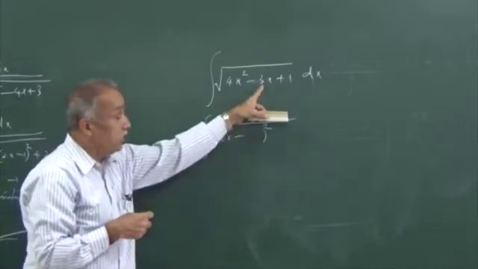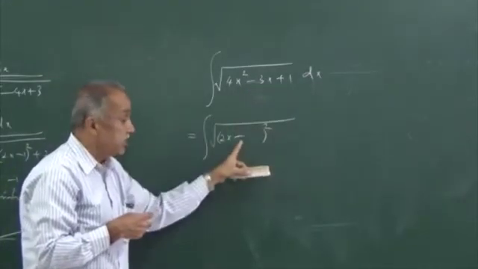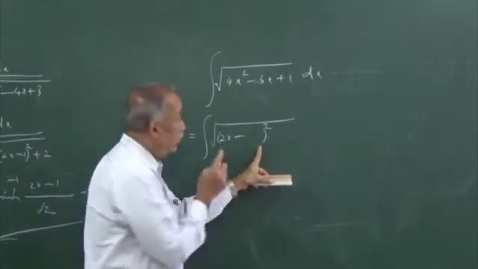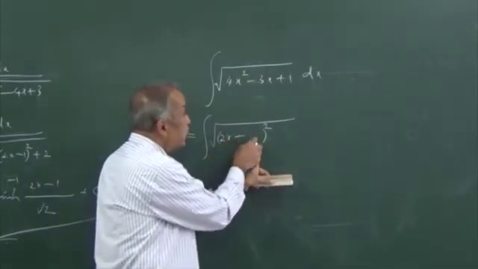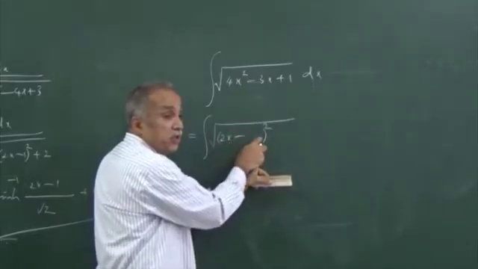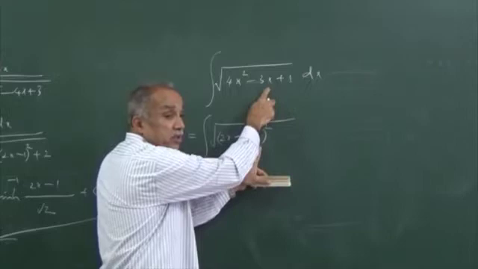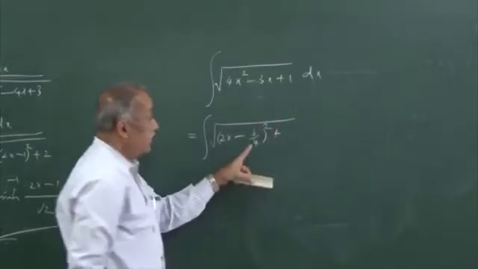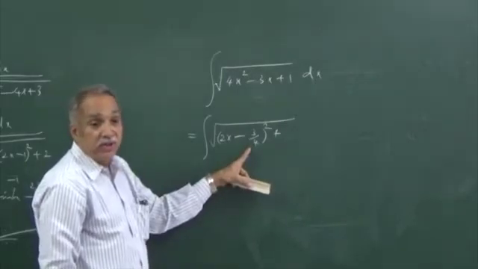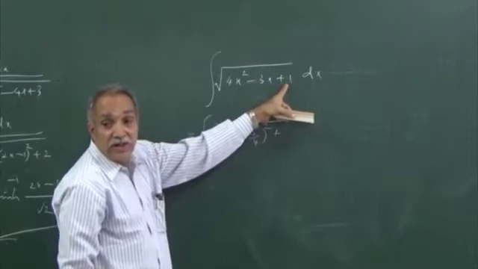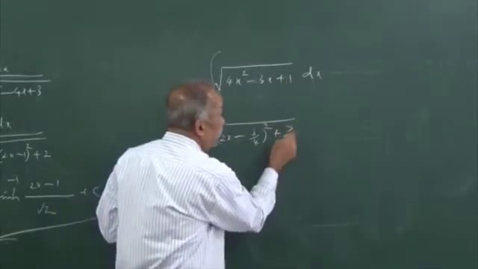To get the double product as minus 3x, I must write minus how much? 2x into this number must become 3x. 2 into 2x, 4x into this number must become 3 by 4. As a result of squaring this, I get 9 by 16, but my requirement is 1. How much more must I add? 7 by 16.